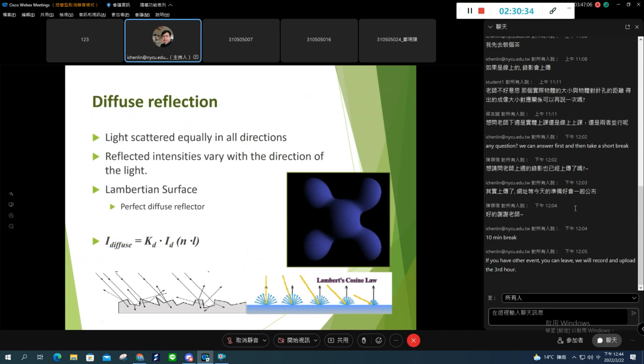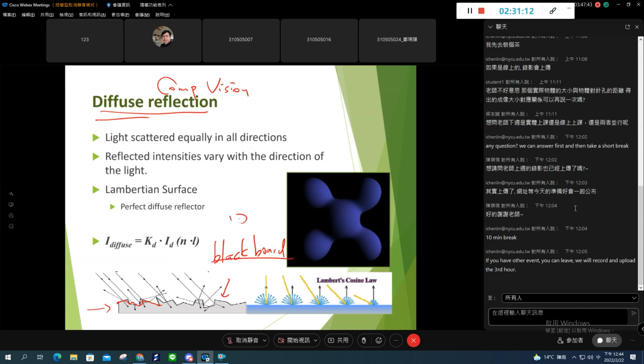And the second one is more important. It is actually the most important reflection for computer vision, called the diffuse. So what does the diffuse light try to simulate? Its idea is that, for instance, if you have a rough surface, even though it looks smooth, such as the blackboard, Chinese is 黑板.